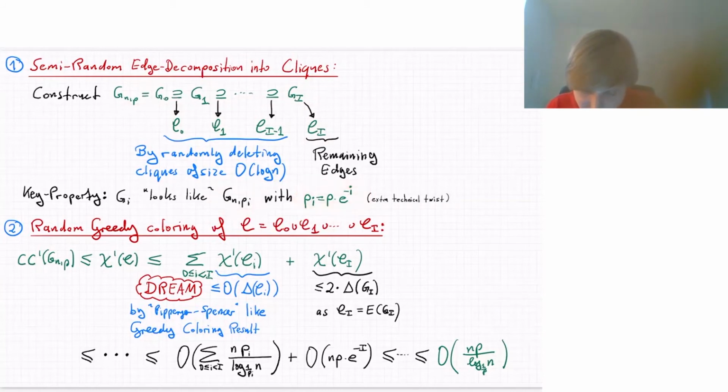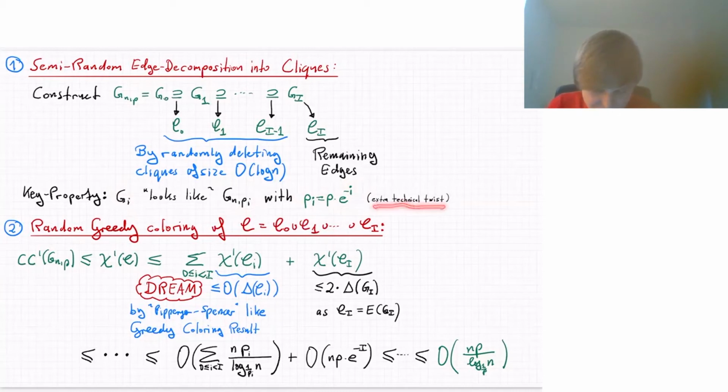So the graph after i steps looks roughly like a random graph G(n,p_i), where p_i is the original p multiplied by e to the minus i. If you do this many steps, your edge probability gradually shrinks down. To really show this, you need to add some extra bells and whistles to this process.